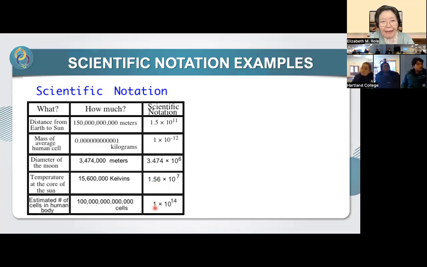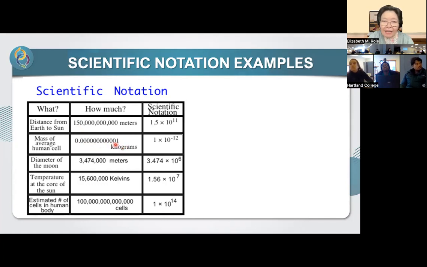So always, you count the numbers 1, 2, 3, 4, 5, 6, 7, 8, 9, 10. Don't stop at the 15. Move on to 1.5 because you need a number less than 10. So that's why this is 11. In this case, 1, 2, 3, 4, 5, 6, 7, 8, 9, 10, 11.